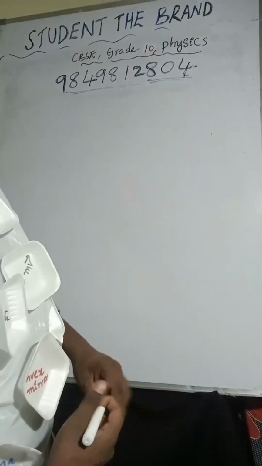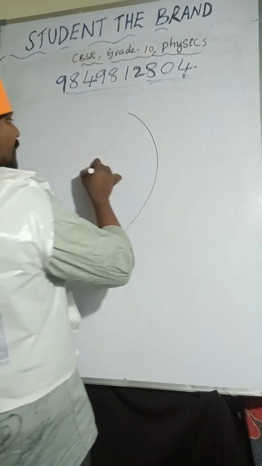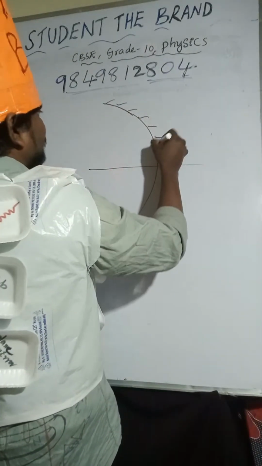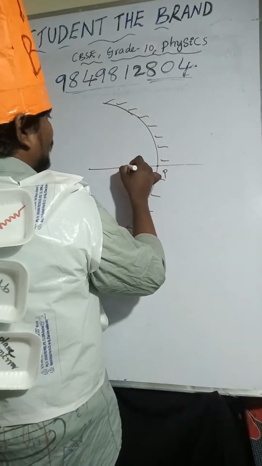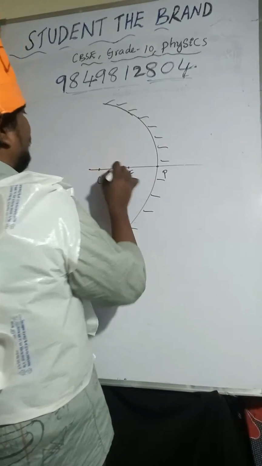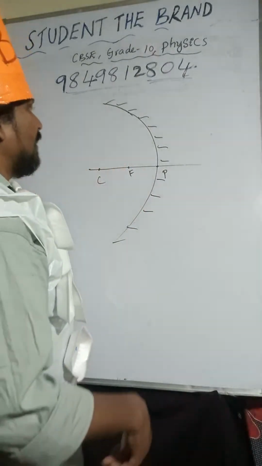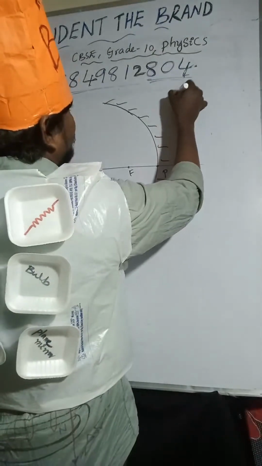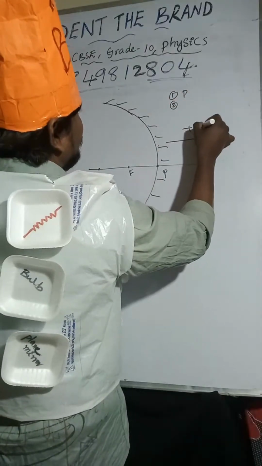So here, now we are talking about new Cartesian sign conventions. This is a spherical mirror. This is the pole, focus and center of curvature. Now all measurements will be taken from the pole. In the direction of incident ray is positive.